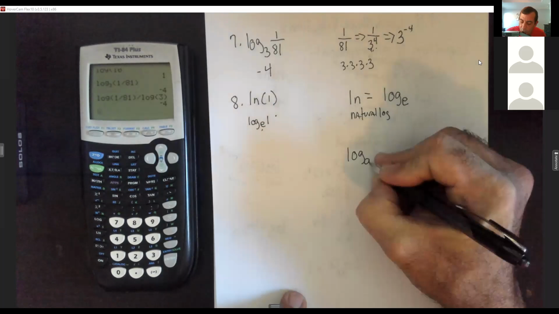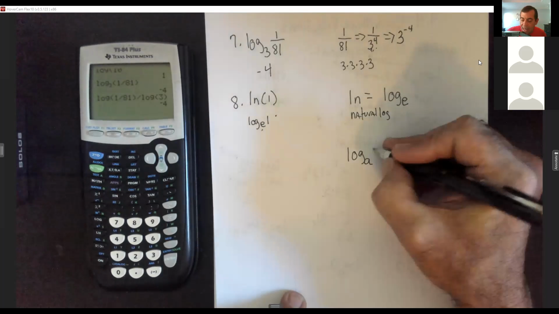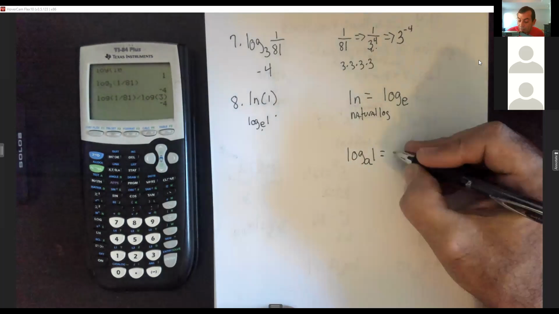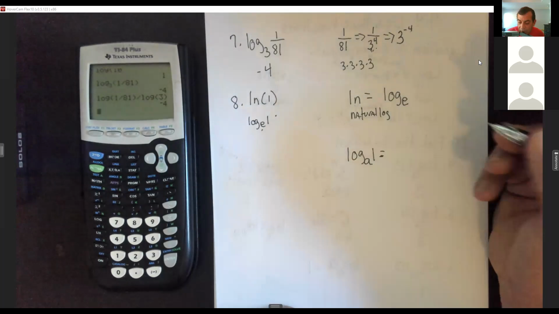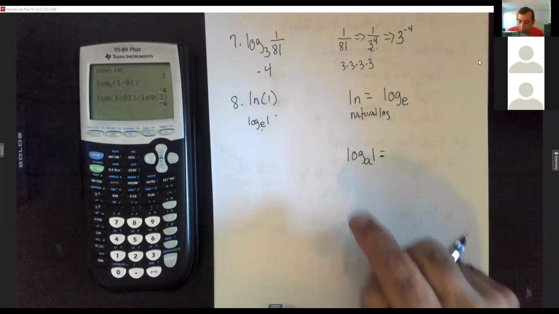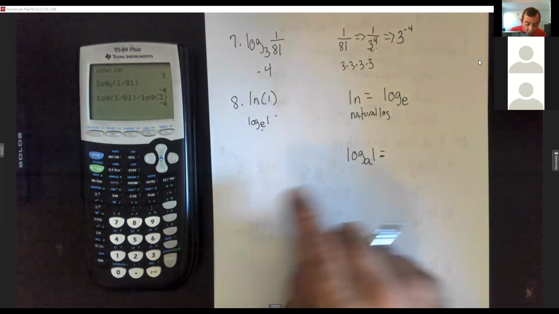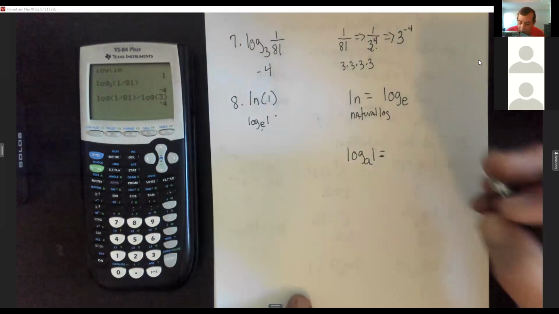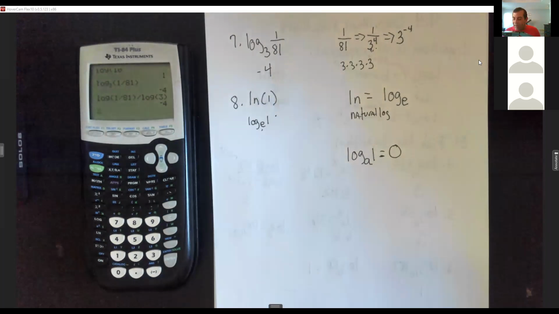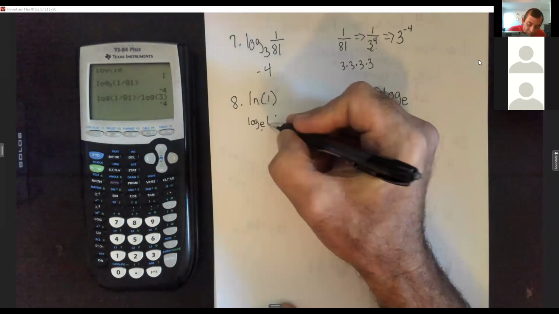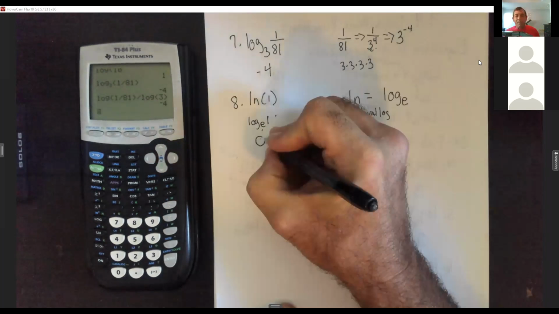No matter what the base is, if that result is a 1, the only exponent that can turn anything into a 1, y'all remember, is a 0. So if you did e to the 0, anything to the 0 power equals 1. So if this result is a 1, this is automatically a 0.